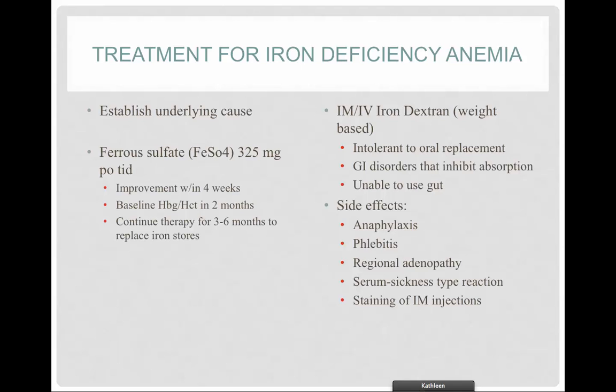This is very, very expensive, so you want to try everything to make sure the patient can take it orally before you go to IM. There's also Nephronex, which is 150 milligrams of iron, and Repleva, taken 21 to 28 days.